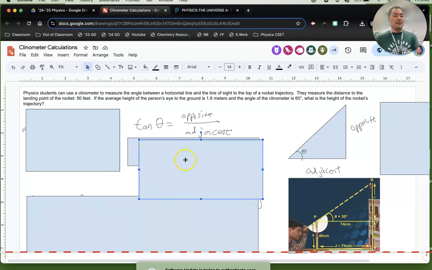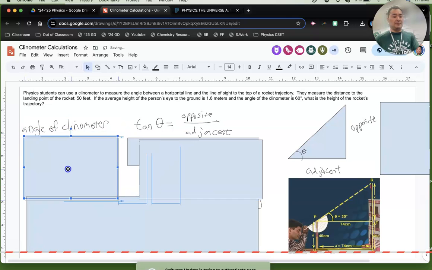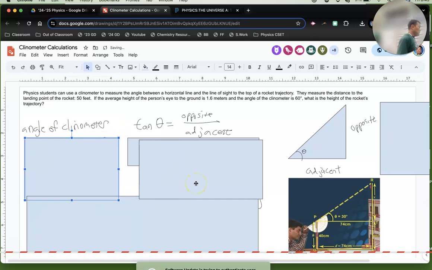Once we find the tan theta and the adjacent, we can multiply those together and find the side that's called opposite. So let's find theta first. This word problem says the angle was 60 on the clinometer. But if you did the warm-up, you can't use the exact degree that's in the clinometer because you have to subtract 90 from it.